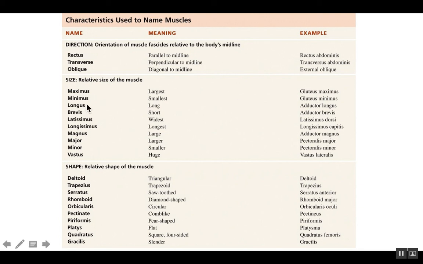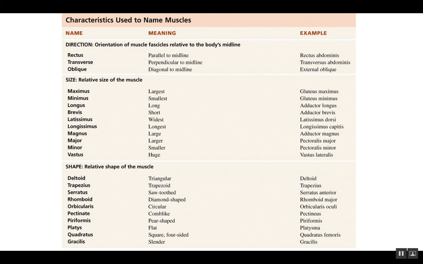Maybe you might have two muscles that do the same thing, and one of them's longer than the other one. We use longus and brevis. Brevis means short. We have some adductors in our thigh. They adduct your femur, so they move your femur towards the midline of the body. There's actually three of them.